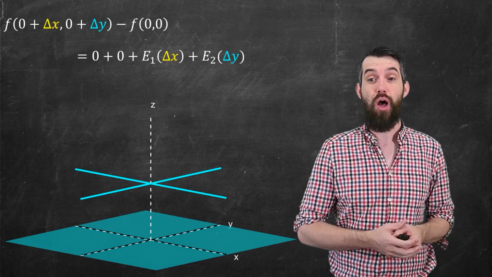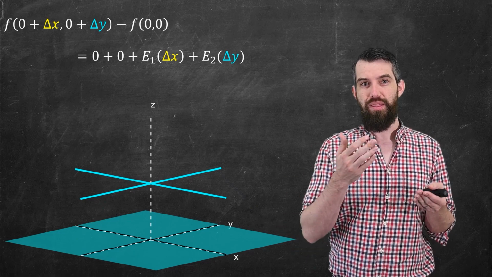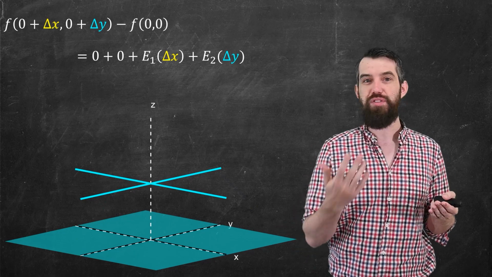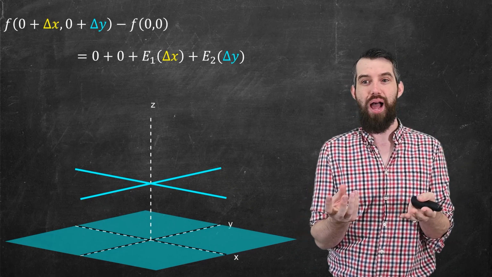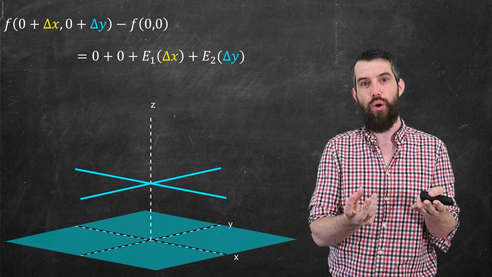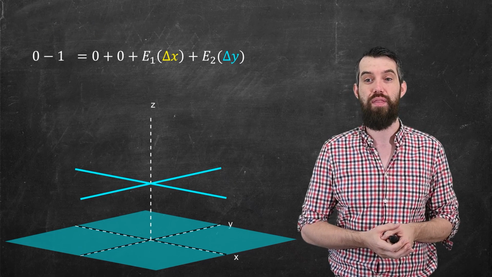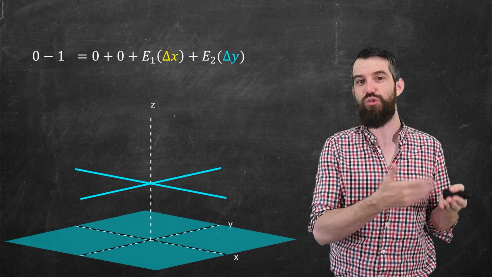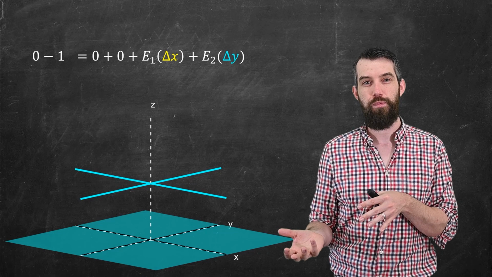So I can simplify this a lot by getting rid of those partial derivatives, and it's just a 0 plus a 0. In the difference, f of 0, 0 is 1. And f of delta x, delta y is generically some point which is not on the axes, so it's going to be 0. So what I have on the left is 0 minus 1, which is minus 1. On the right, I just have some two error terms.